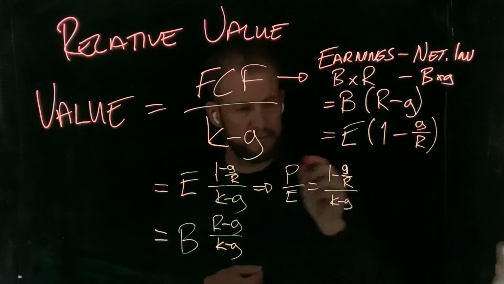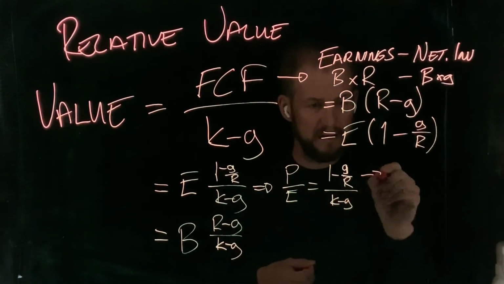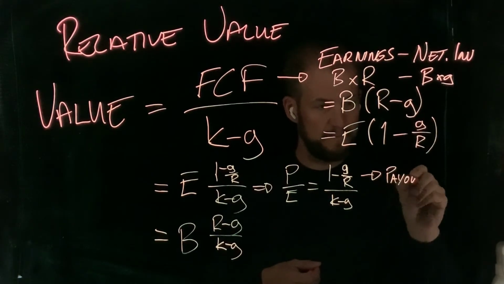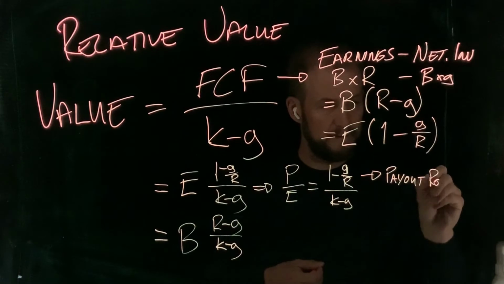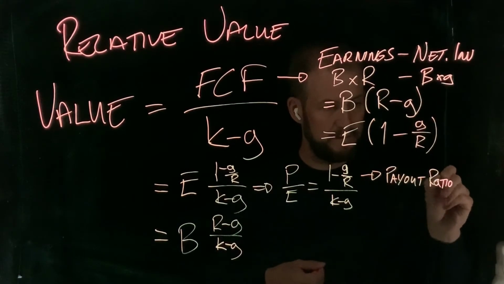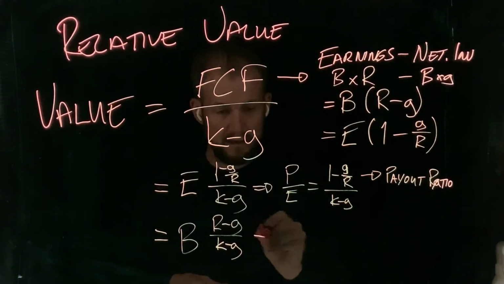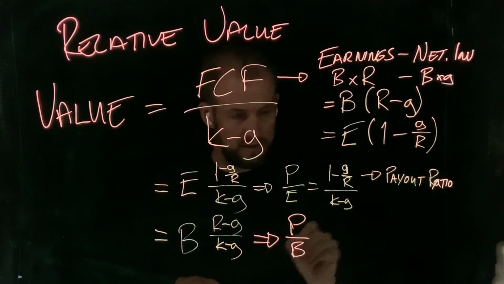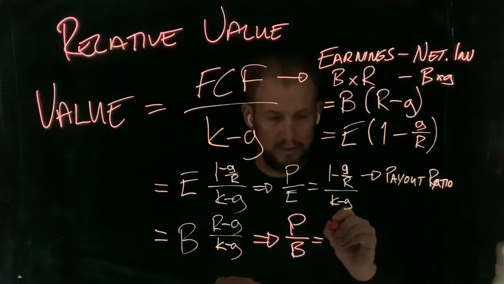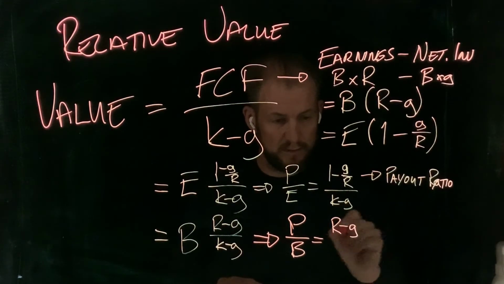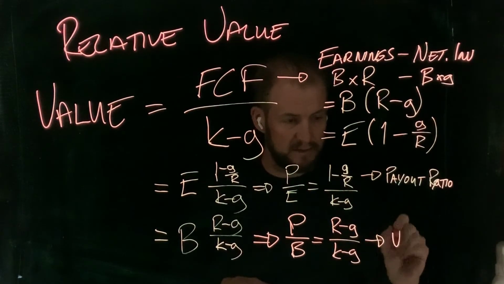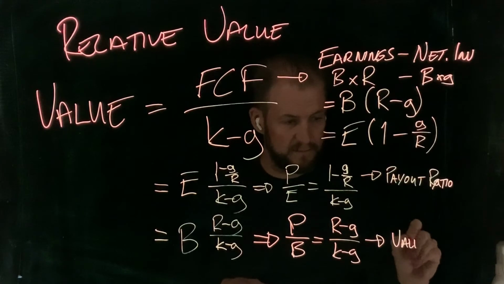Now, what does this imply? Well, this guy here is basically the payout ratio. This guy here, of course, gives us that price book is equal to the return minus the growth over the cost of capital minus the growth, which essentially tells us something about value creation.